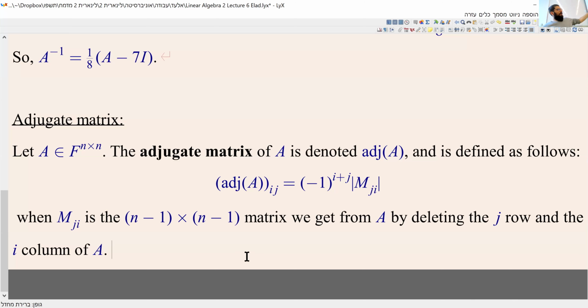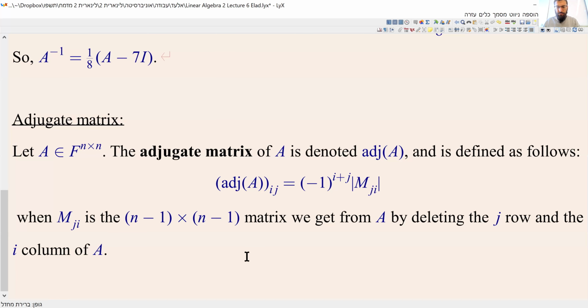Okay, so element by element, we can calculate the adjugate matrix. Let's write down an example. A 2 by 2 example will be too short, 3 by 3 probably too long, but I prefer the 3 by 3 example. And then we can say, okay, what do we do with this nice little adjugate matrix?